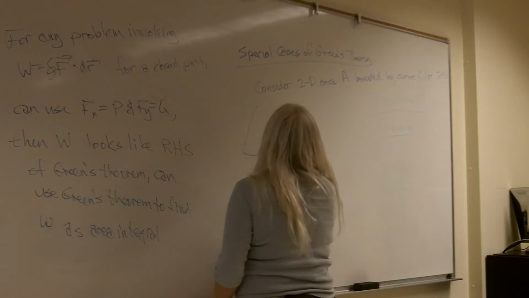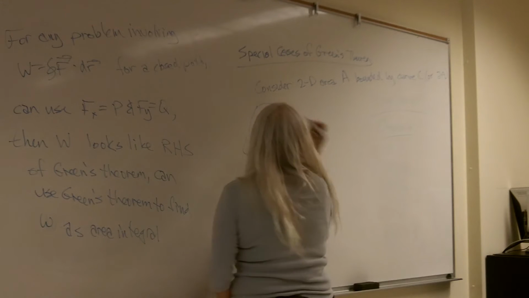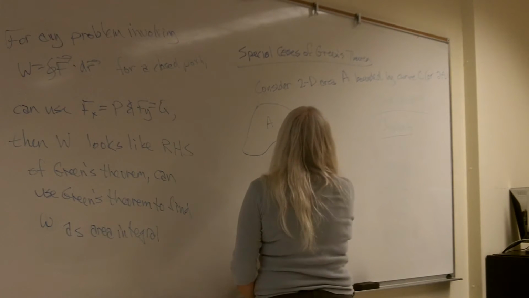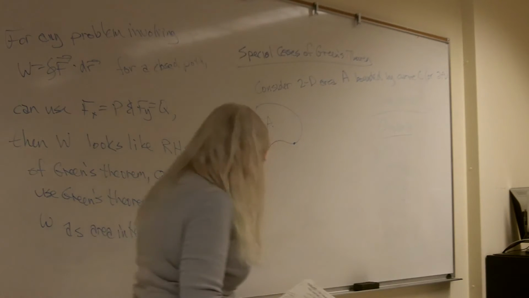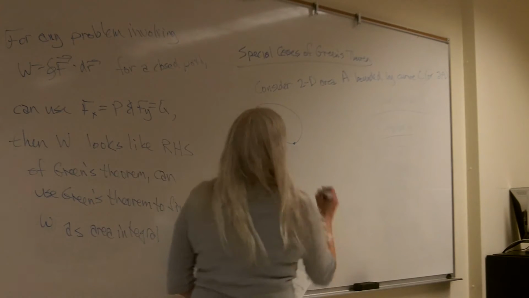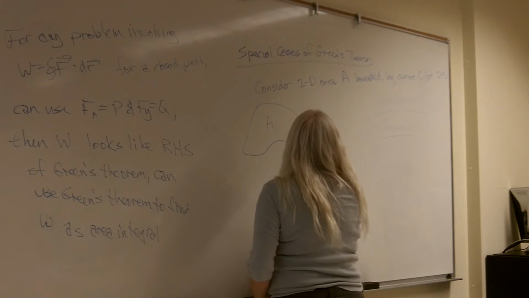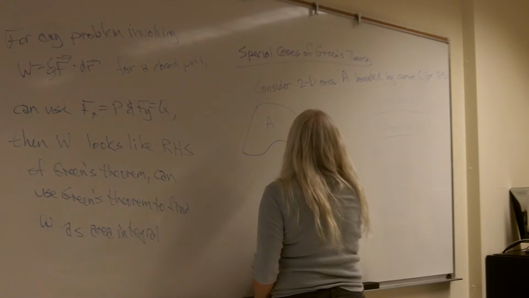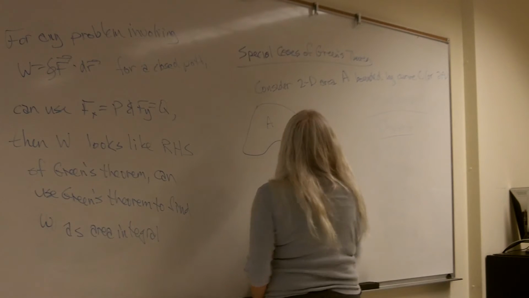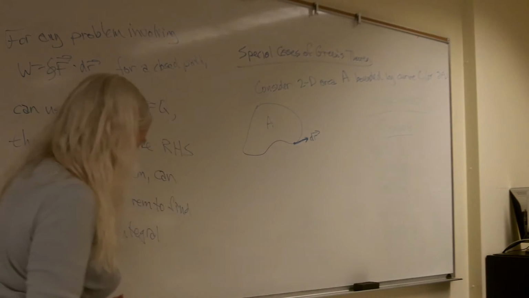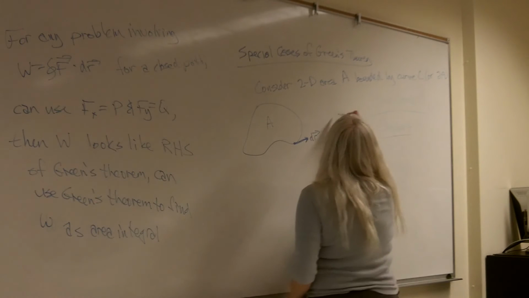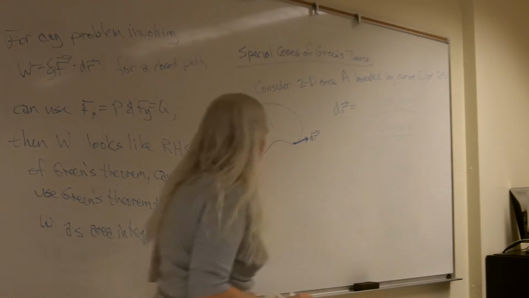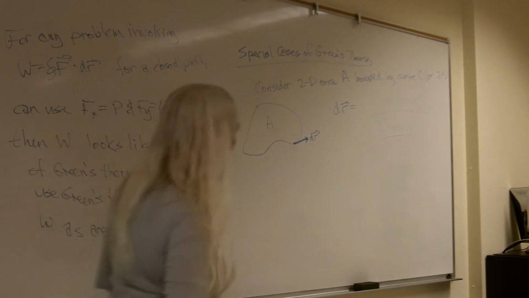So here's some area A, it could be any arbitrary shape. Let's think about a point along the boundary of A like this, and let's draw a vector. We'll label it as dr, that is tangent to the boundary of A at that point. That's an infinitesimal vector of infinitesimal length.